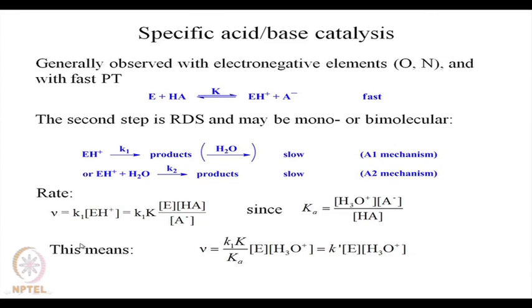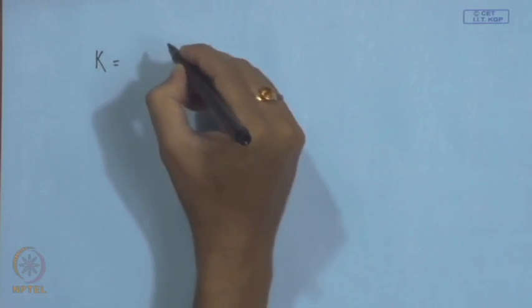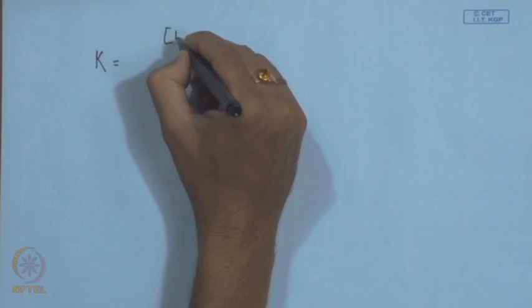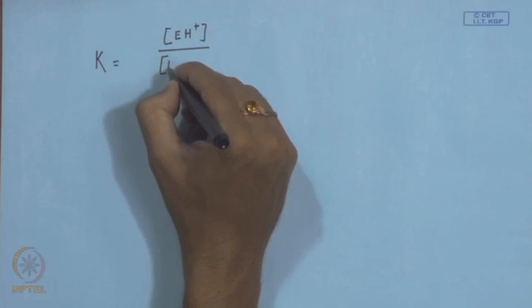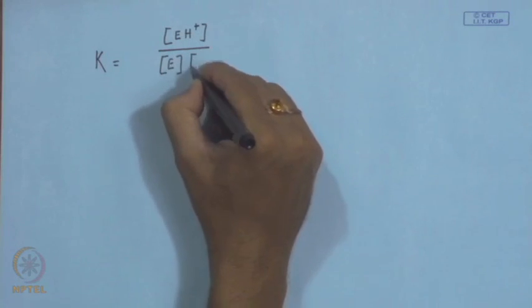For the rate, v is equal to k1 times [EH+]. EH+ comes from the equilibrium constant K, which is equal to the concentration of EH+ divided by the concentration of E and the concentration of HA.